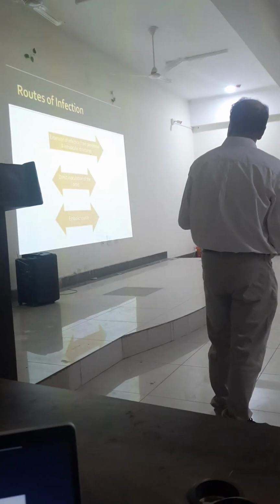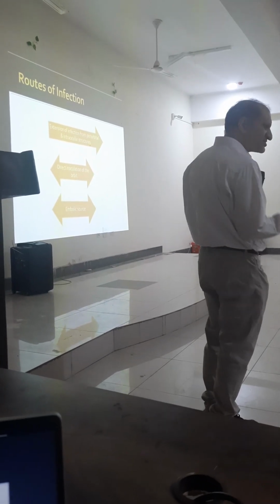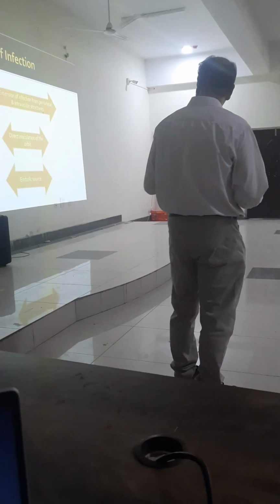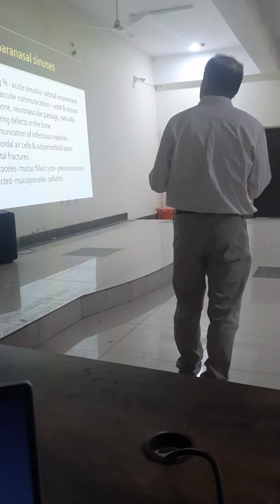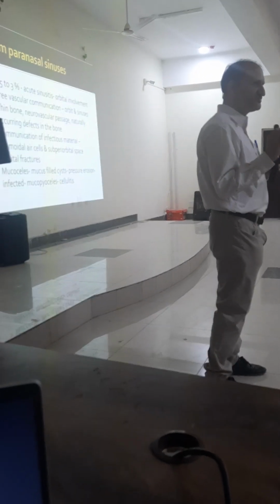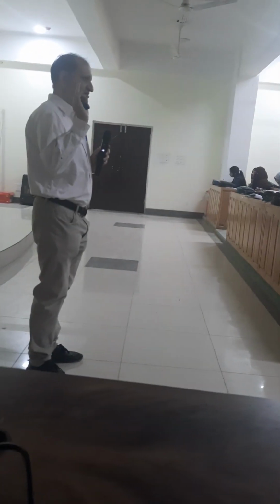So I have told you that there can be extension from the sinuses or direct extension, or they can be embolic from the heart. Then the paranasal sinuses are very important. These are the majority. Orbital cellulitis, number one cause is paranasal sinuses.